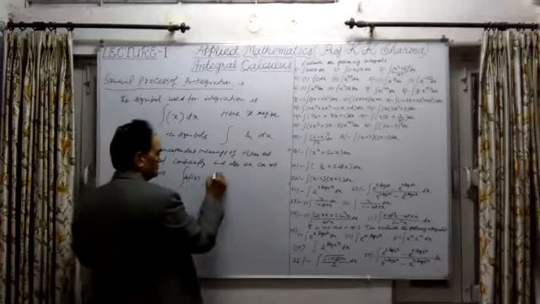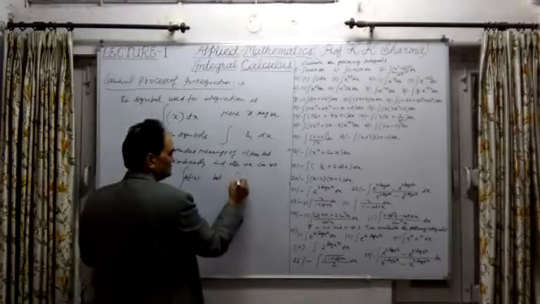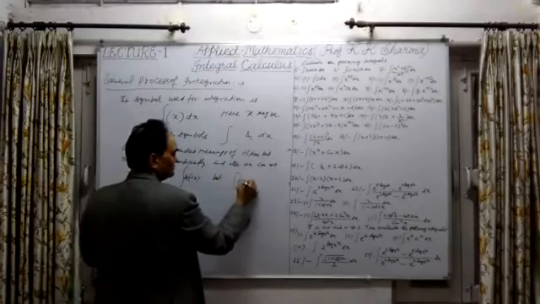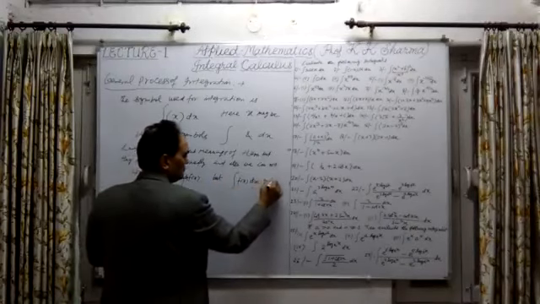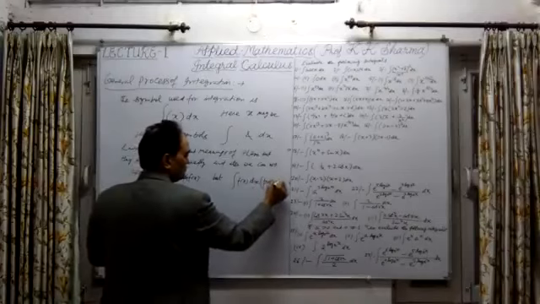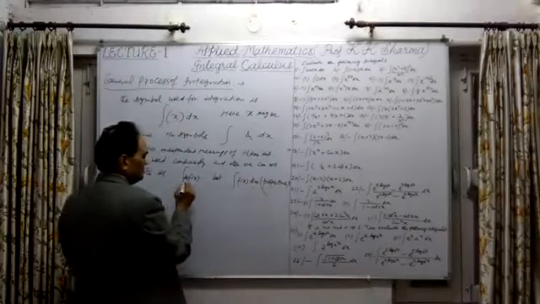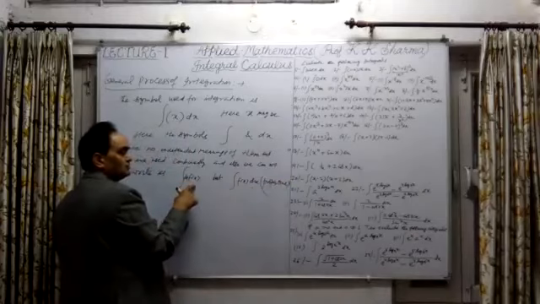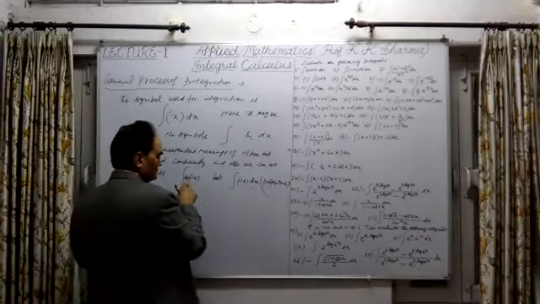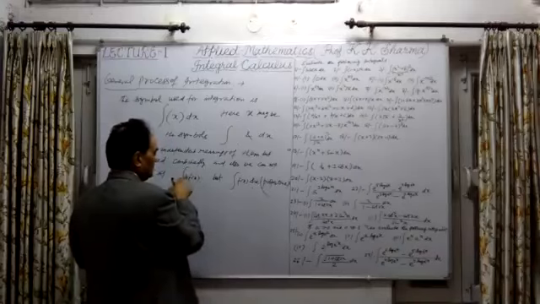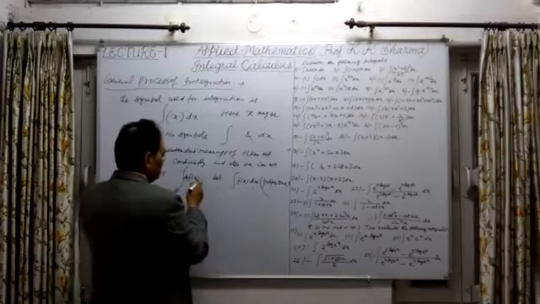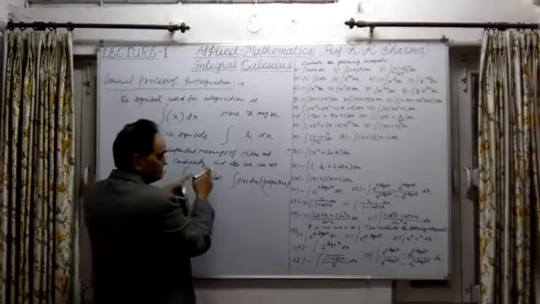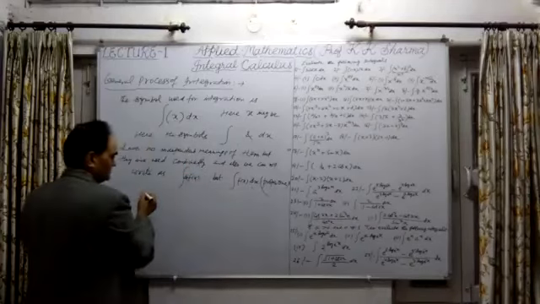It should be written as this symbol into f(x) first, then dx. This is the proper one. We cannot write dx before the function. The function is written first, after the elongated S, then dx. The function is in between the symbol and dx.